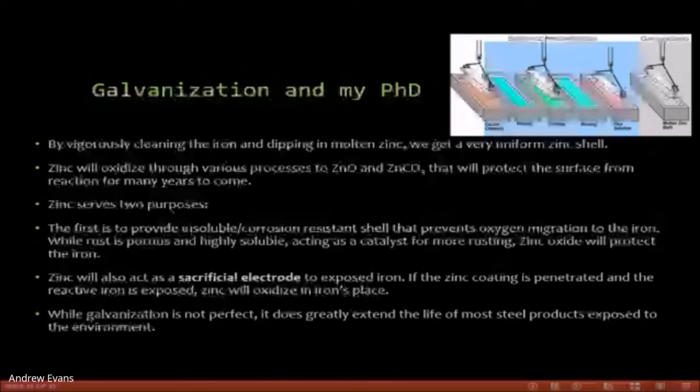The idea here is that zinc will oxidize. It will form zinc oxide, and eventually, in the presence of CO2, zinc carbonate. However, unlike iron oxide, zinc oxide is not porous. It is not necessarily as soluble in water.